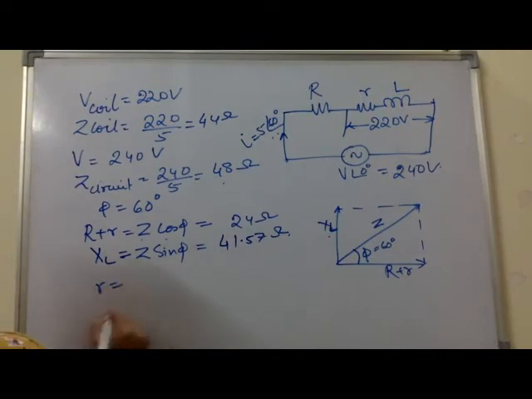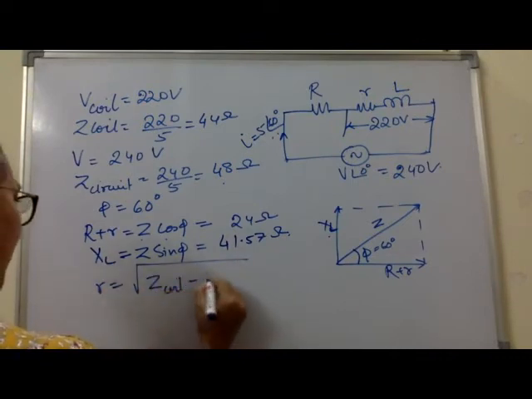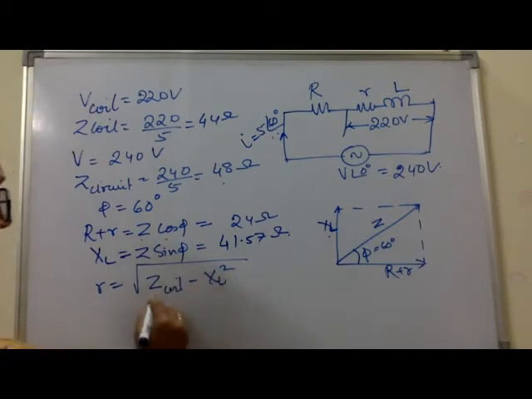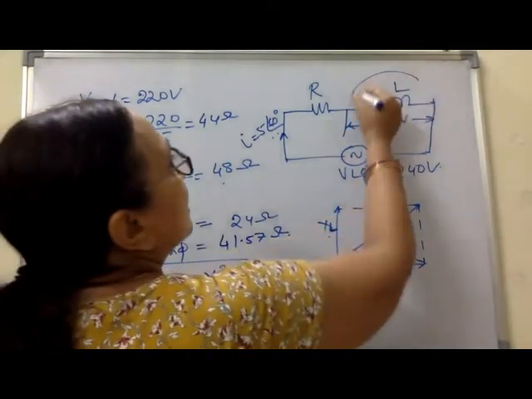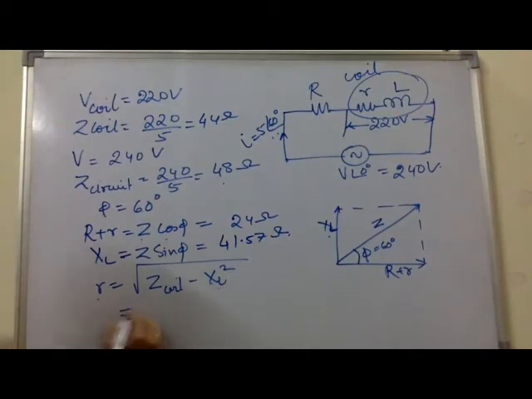Therefore, small r can be given from Z coil squared equal to XL squared plus small r squared, it's only this coil. Therefore, small r comes out to be 14.42 ohms, and capital R, you subtract this from 24 ohms, and this comes to 9.58 ohms.